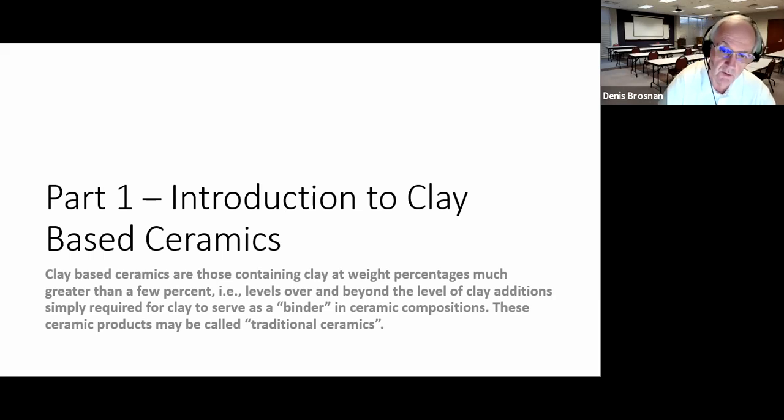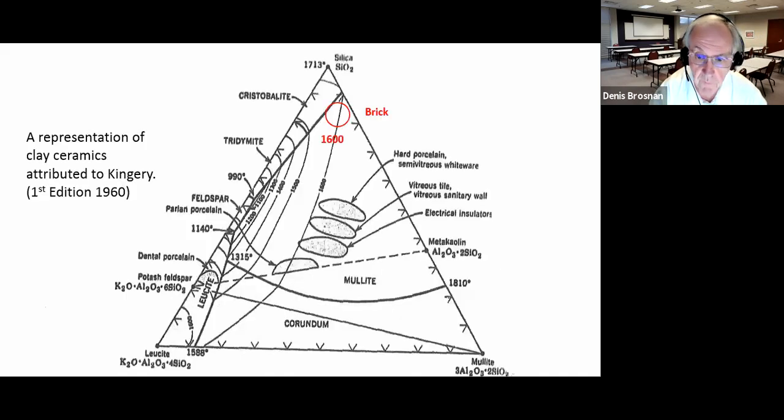But in the types of clay ceramics we're talking about, clay is the bulk of the composition. These ceramics are traditionally called traditional ceramics because societies in the evolution of history first made ceramics from natural clays.